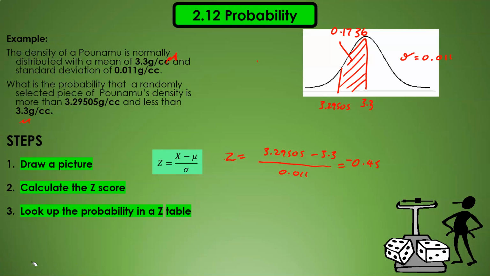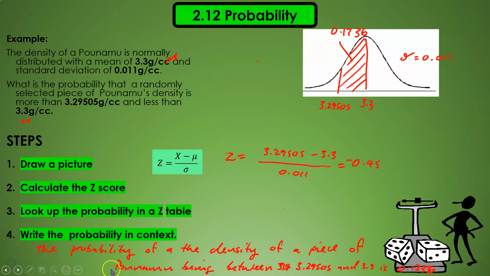Now that we've got the probability, we can move on to the next part, which is to answer our question in context. The probability of the density of a piece of pounamu being between 3.29505 and 3.3 is 0.1736.